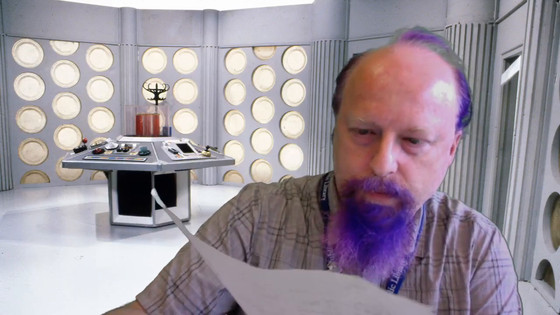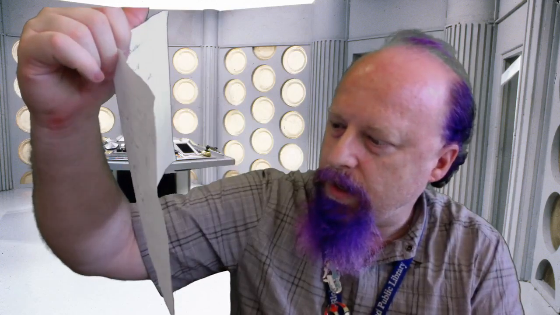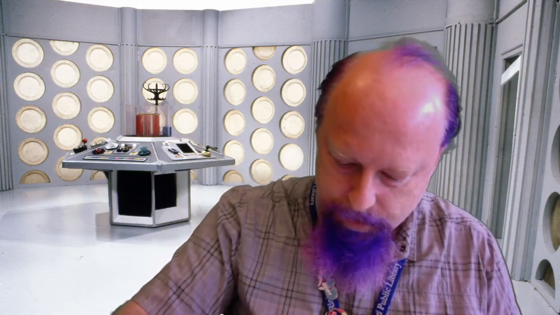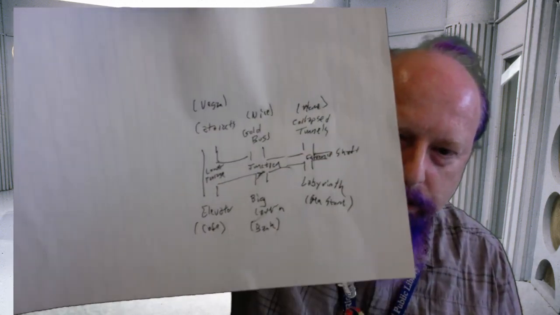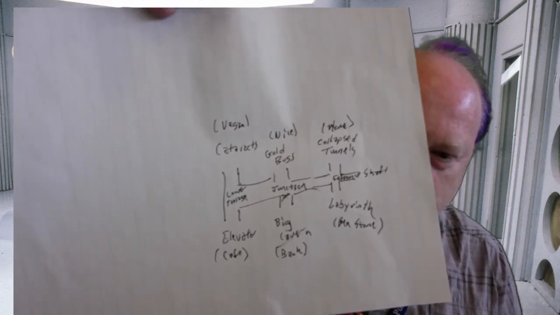But I was sketching out, I had some ideas for names of rooms, and I didn't use all my puns. And then here I was comparing, because I basically have the same structure for the mine as for the town, just to get things done quickly.